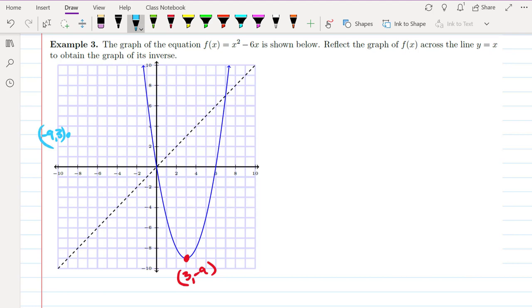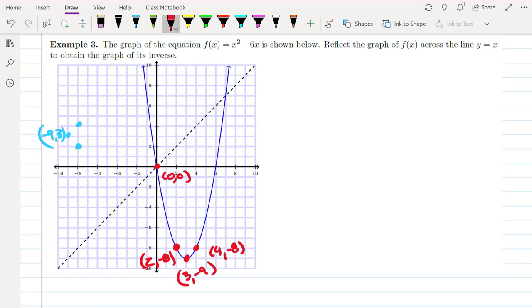which is right here. And if we get a couple more points, I have this point and this point. So that's going to give me (4, negative 8) and (2, negative 8). And if I come up here, I'm going to have (negative 8, 2) and (negative 8, 4). Then we have a very interesting point right here, which is the point (0, 0).